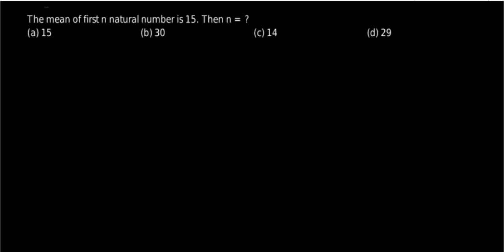Next question. The mean of first n natural numbers is 15. First we'll take the sum of n natural numbers. The sum of n natural numbers will be n into n plus 1 by 2.